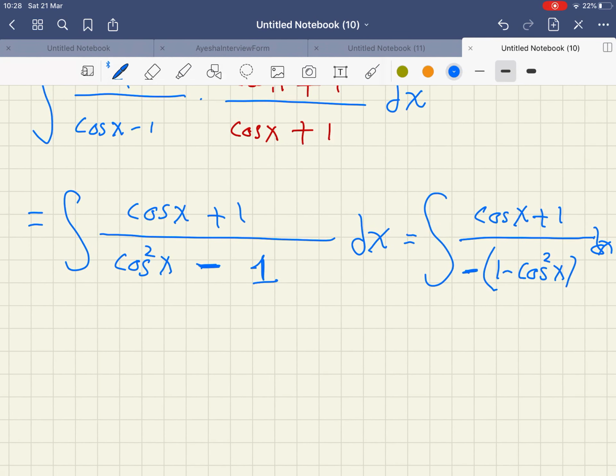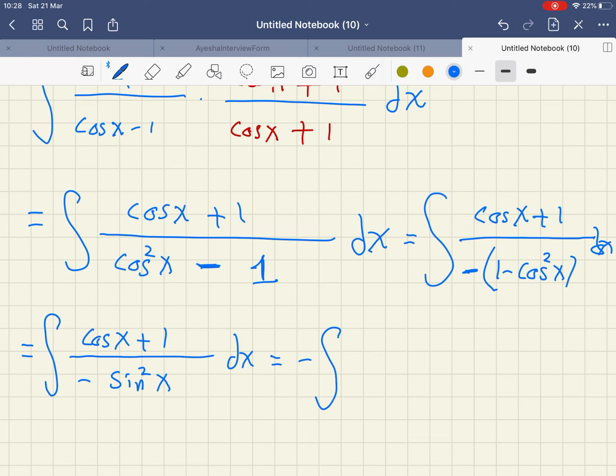And I think that's what we shall do here. And here will be minus sine square x. Take the minus outside and split up the fraction. So sine square will go over each one of these.